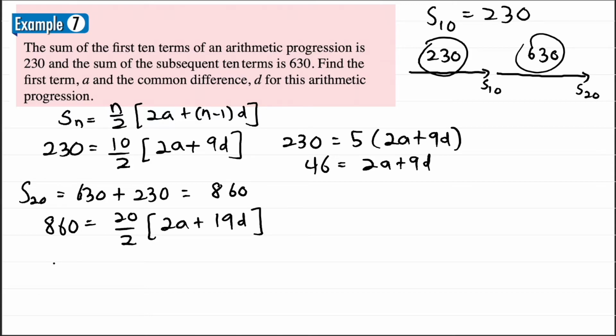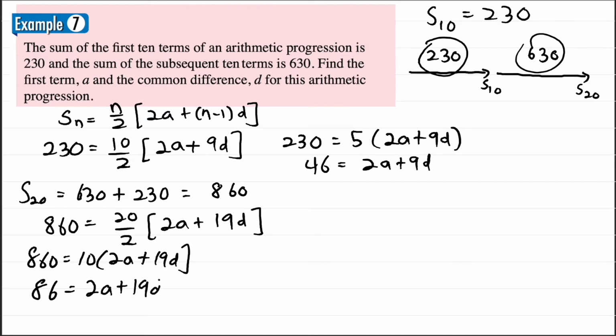Dan bila kita selesaikan kita akan dapat sini 860 sama juga dengan 10, 2A tambah 19D, dan bawa sini pergi sini kita akan dapat 86 sama juga dengan 2A tambah 19D.